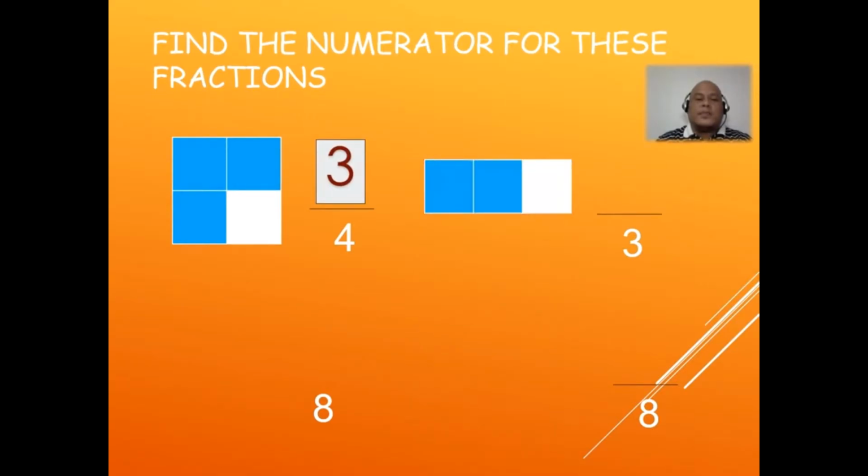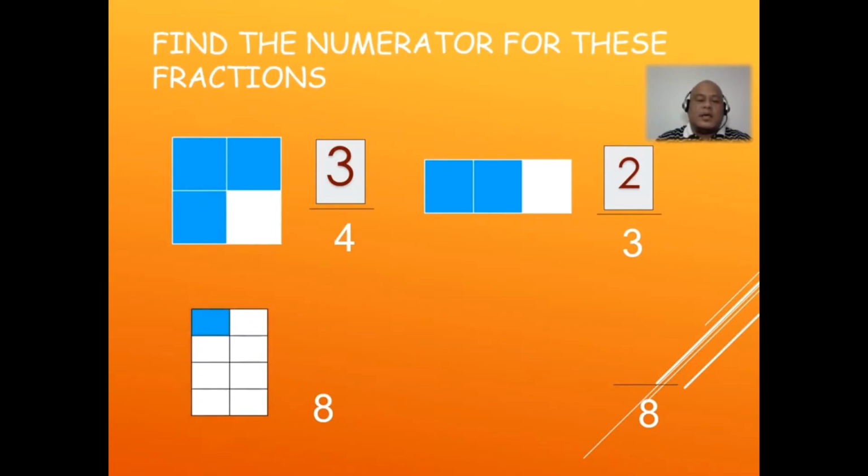Next is a rectangle divided into 3 equal parts. I colored 2 parts. What is the numerator? 2. Or we can say 2/3.